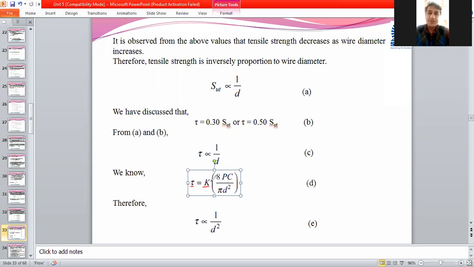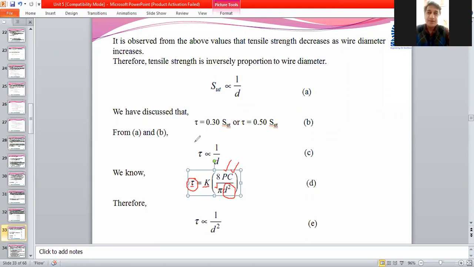Here we are going to decide the wire diameter by considering this shear stress. From this equation, we can conclude that the shear stress is inversely proportional to the diameter square, because K is constant, 8 is constant, applied load is constant, spring index is also constant, pi is a universal constant. So the shear stress is inversely proportional to what?